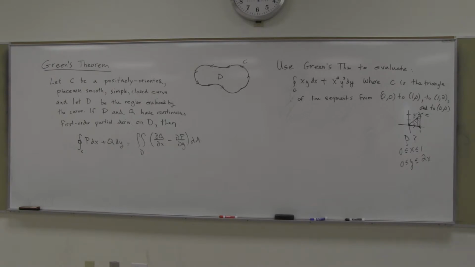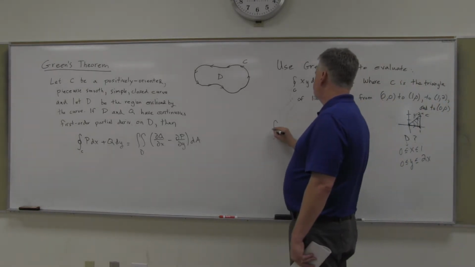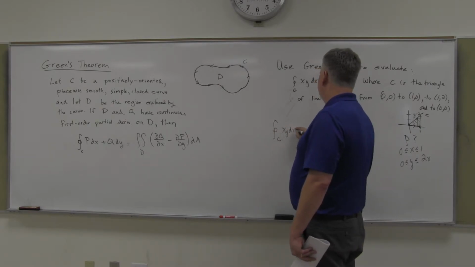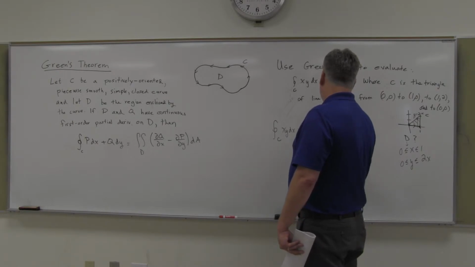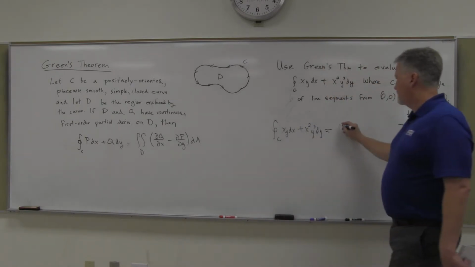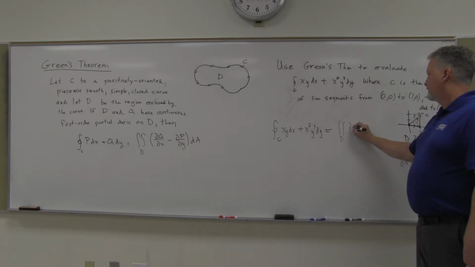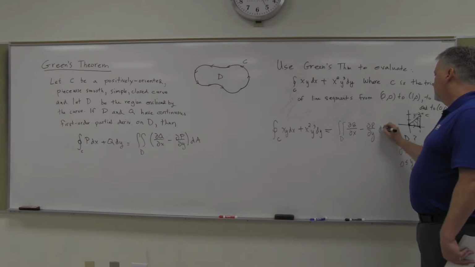All right. So our line integral for C, xy dx plus x squared y cubed dy, by Green's theorem equals a double integral over this D right here, partial of Q with respect to x minus partial of P with respect to y dA.